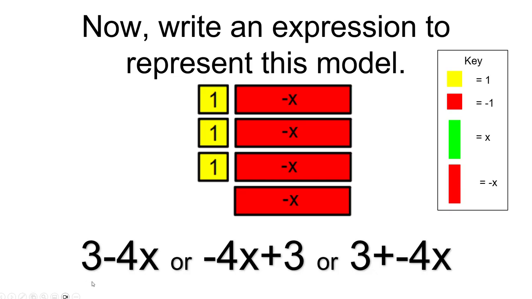You could have 3 minus 4x because minus 4x is the same as negative 4x. You could also have the x term in front, negative 4x, and then plus 3 for the positive 3. Or you could have 3 plus negative 4x. All of these three mean the same thing.